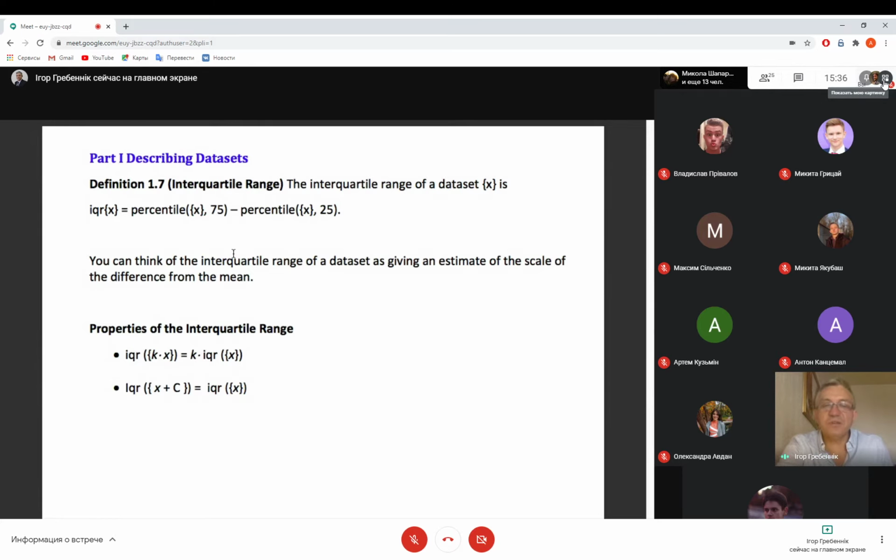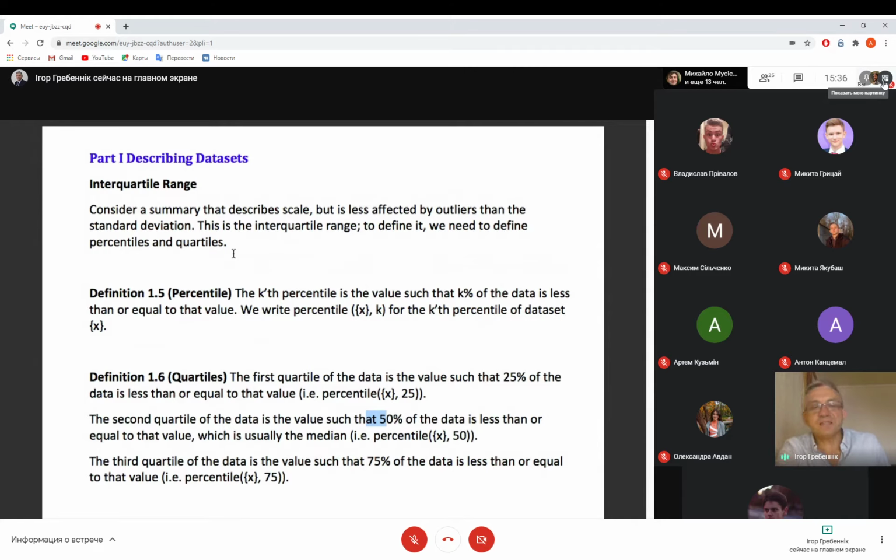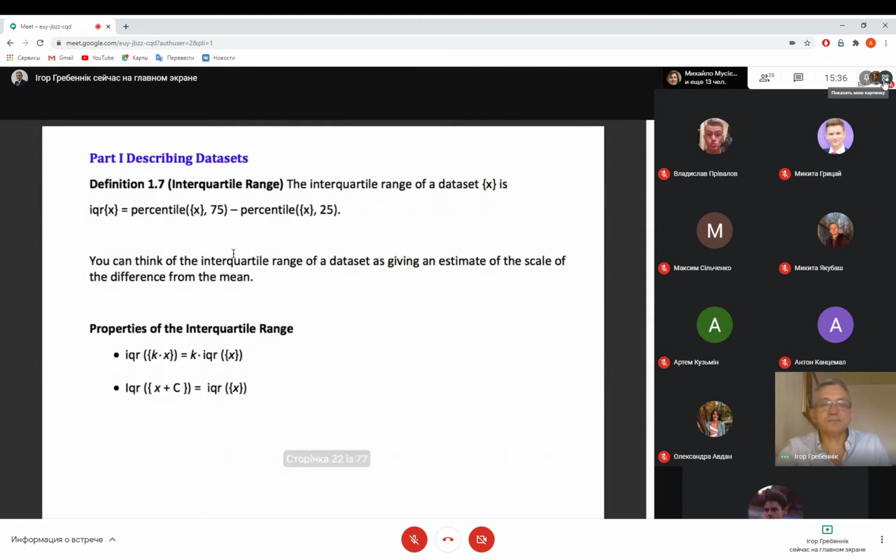I tried to explain the sense of these characteristics. You can think of the interquartile range of a dataset as an estimate of the scale of the difference from the mean. The mean is a point, a scalar value, but the interquartile range represents an interval which contains a significant part of the data set.